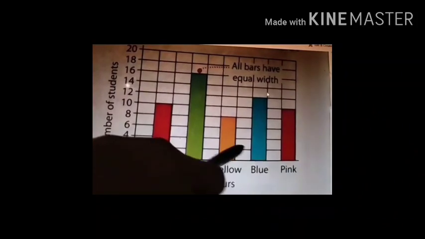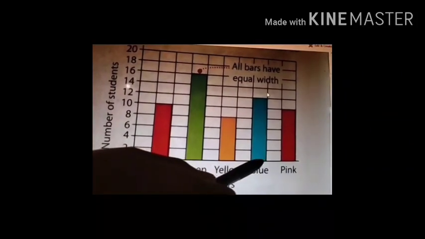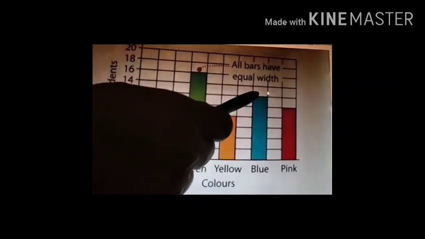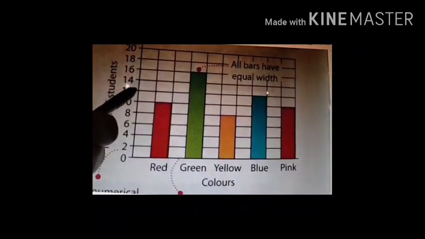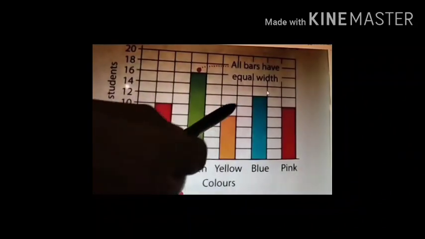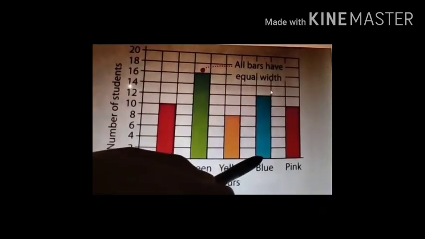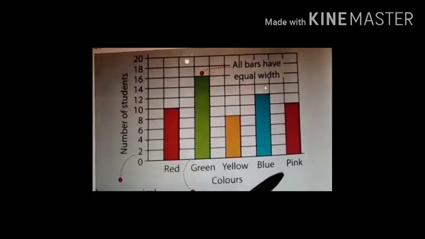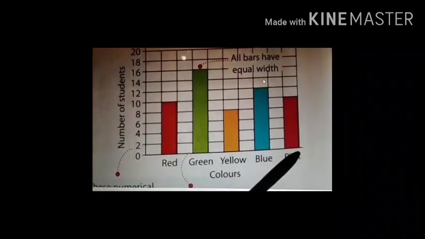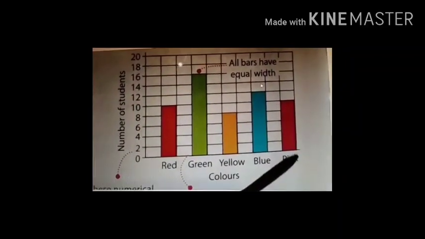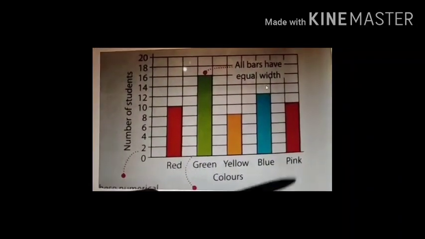Now move to the next color. This is blue. See the height of the blue bar, till 12. It means blue color is liked by 12 students. Now move to the next color. It is pink, and see the height of this bar.